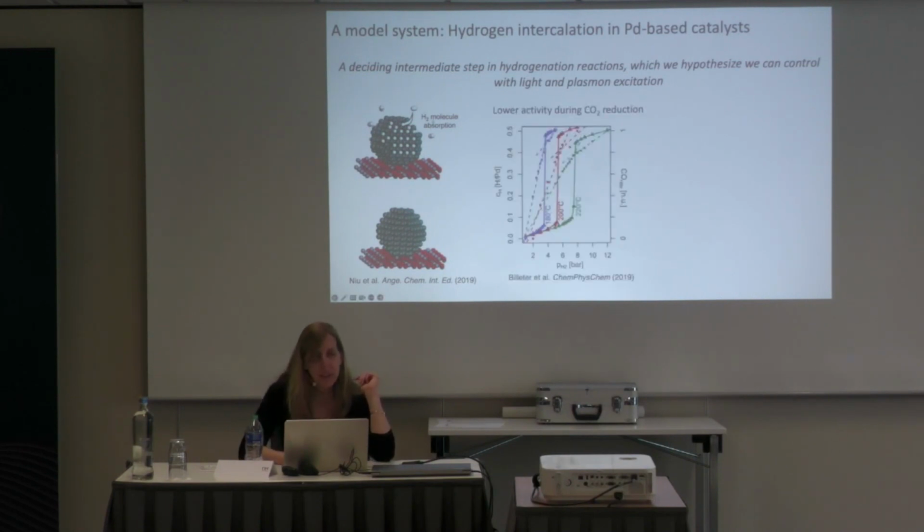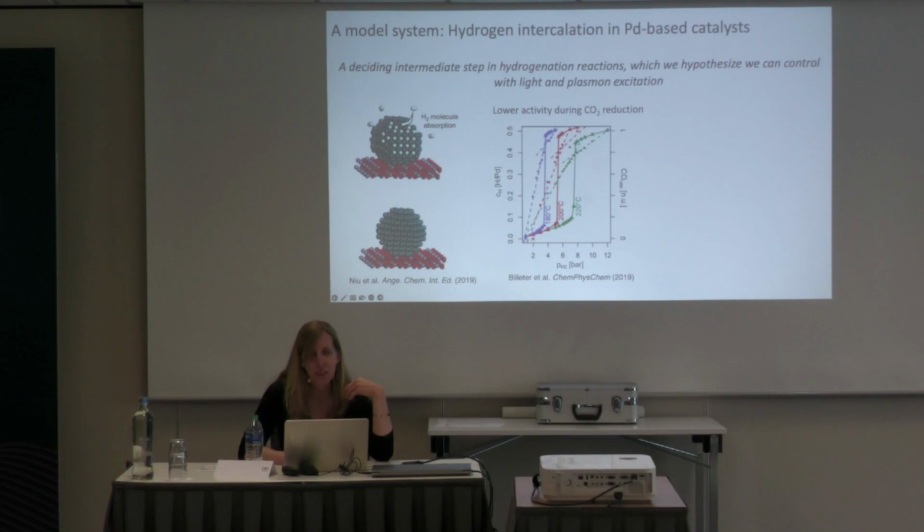So when hydrogen interacts with a palladium nanoparticle, it splits into two hydrogen atoms and then can start intercalating into the palladium nanoparticle. The palladium is a sponge for the hydrogen. And that can be both good and bad. In certain cases it can be bad because if the palladium absorbs too much hydrogen, you wind up with lower catalytic activity, and here it's shown for CO2 reduction.